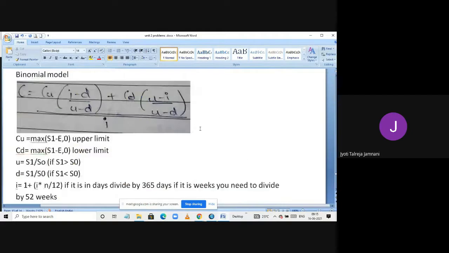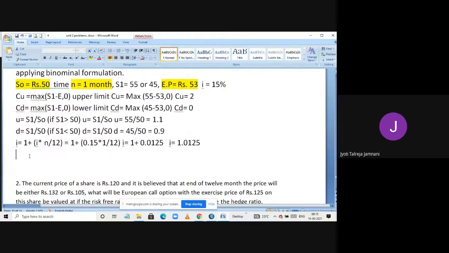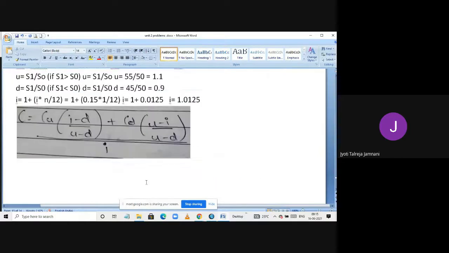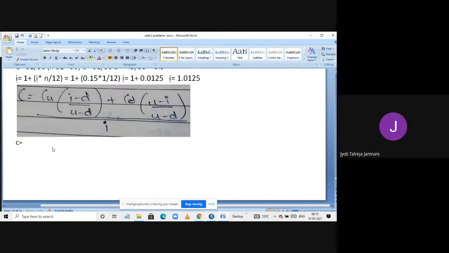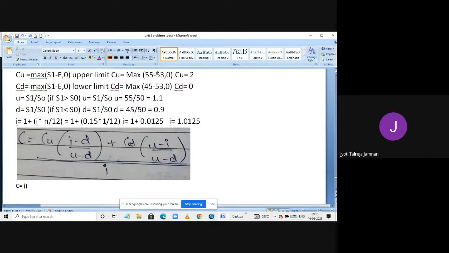Now we'll take the main formula and put these values to find the value of a European call option premium. Now let's see. C is equal to, I'll put it in the bracket first to not get confused, CU. CU is how much? Just check.